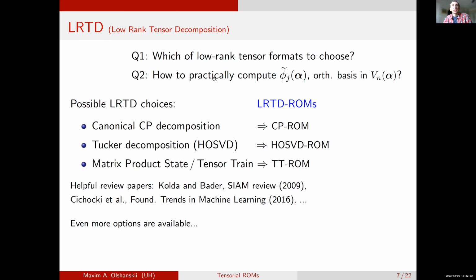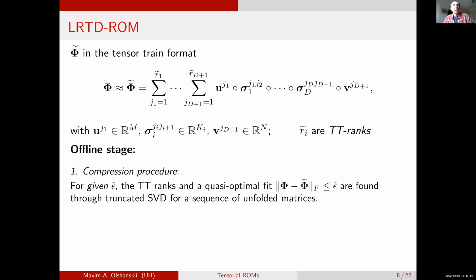So let me pick tensor train decomposition and explain how we compute these alpha-specific reduced order spaces if we have an approximate low-rank decomposition of our snapshot tensor. So this is how the tensor train format looks. Quite a bit of notation.